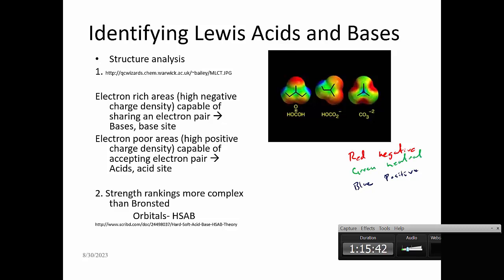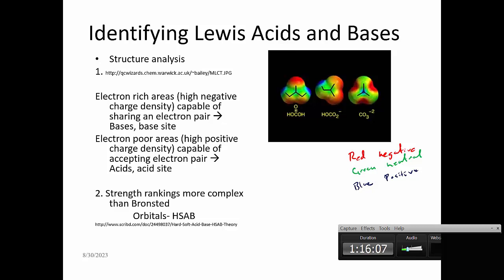So these come from Spartan and programs similar to that, and it just maps out the electron cloud density around the atoms using molecular orbital type theory at different levels. And we can see, like blue would be positive.